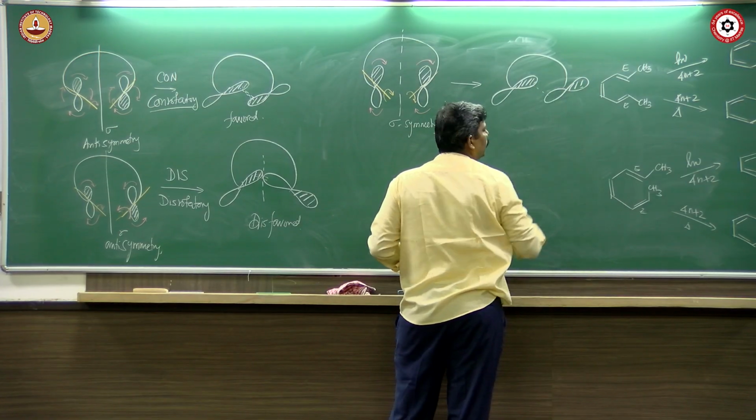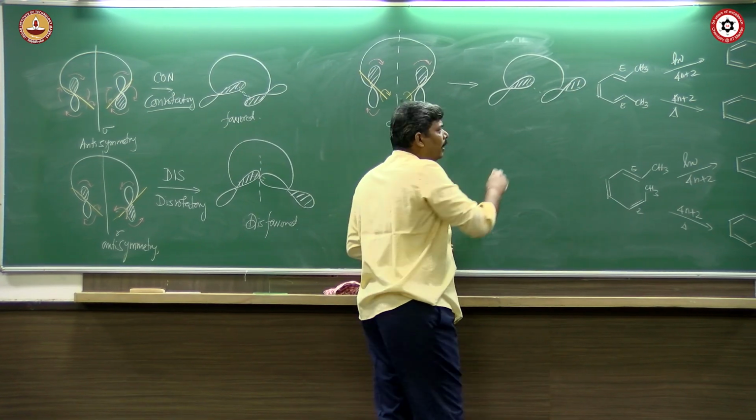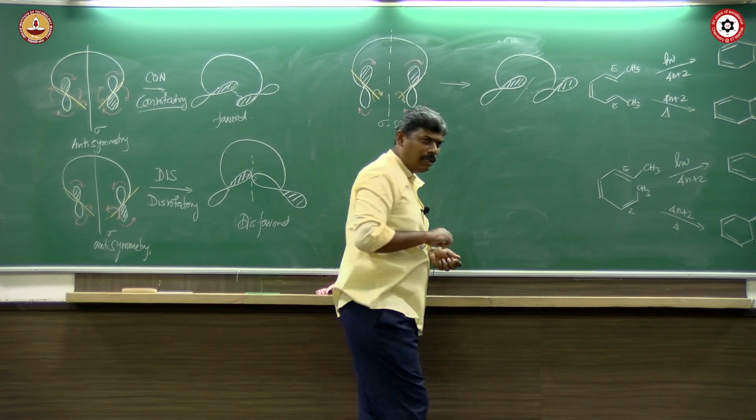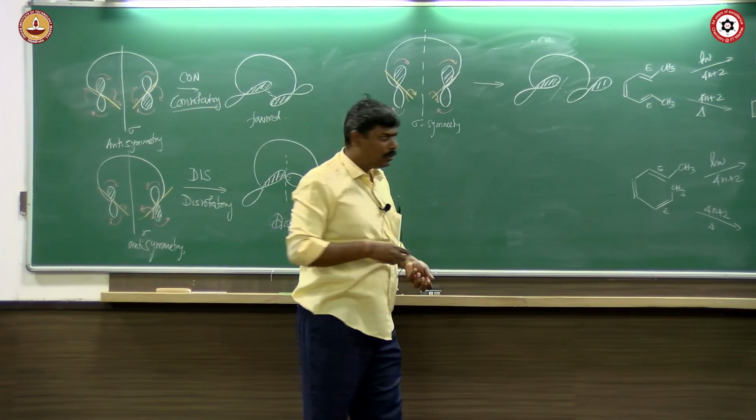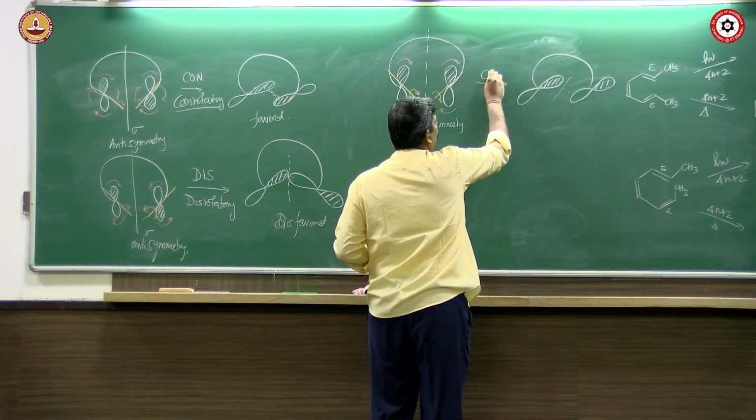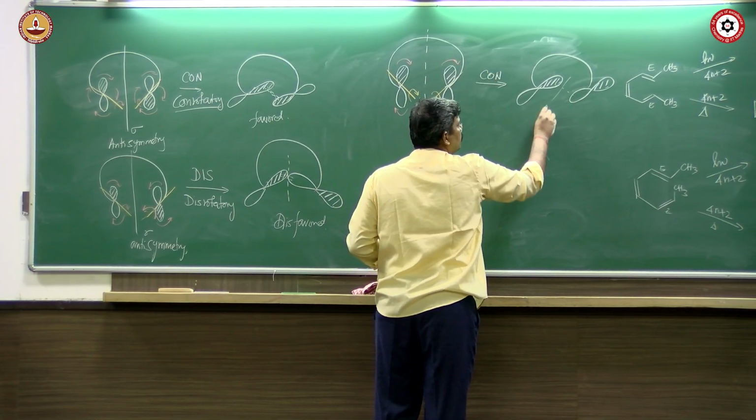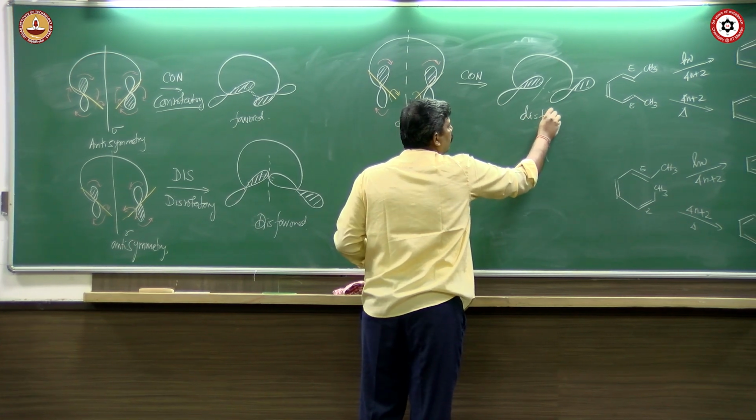So this interaction would give you a node, right? So there won't be any bonding formation. So if it is a con, then this is disfavored.